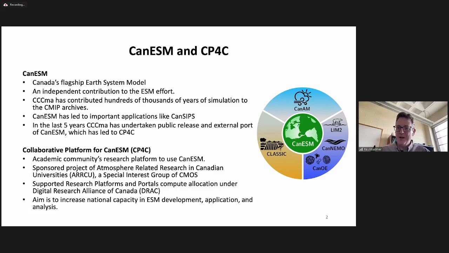It's a special interest group of CMOS, and we're attending a CMOS meeting today. We have support in different forms. It's largely a community effort, but we have support from the Digital Research Alliance of Canada. The Alliance provides a platform for our computational work. And the overall aim is to increase Canada's capacity as a whole in Earth system model development, application, and analysis.